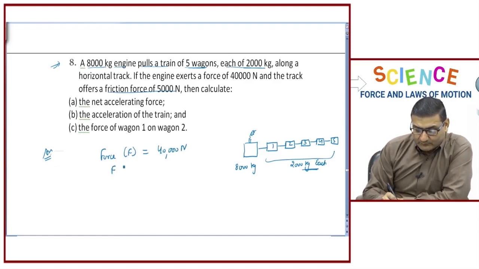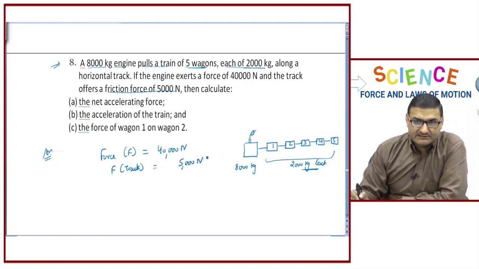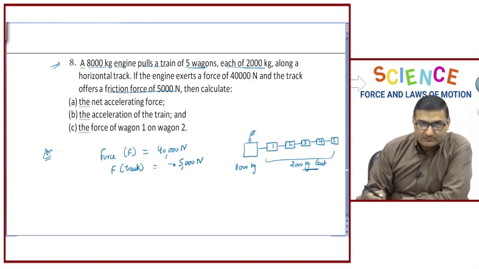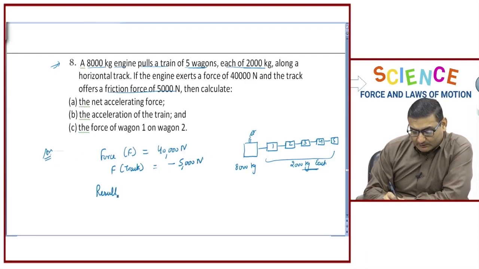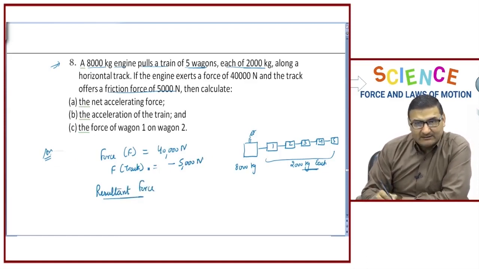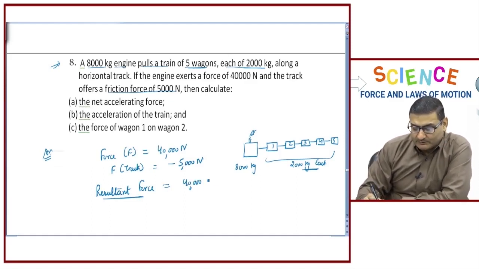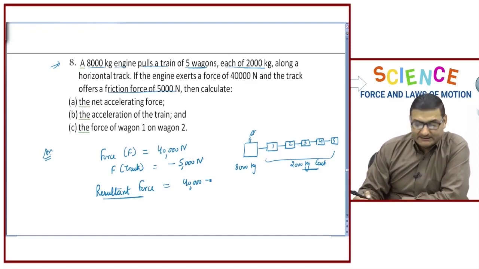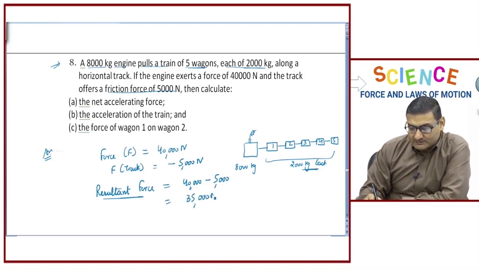So the frictional force of the track is 5,000 Newton, and because this is a frictional force, it will be opposite. So the resultant force acting on this train will be the net of these two forces, which is 40,000 Newton, the force applied by the engine, minus 5,000 frictional force, which comes out to be 35,000 Newton.